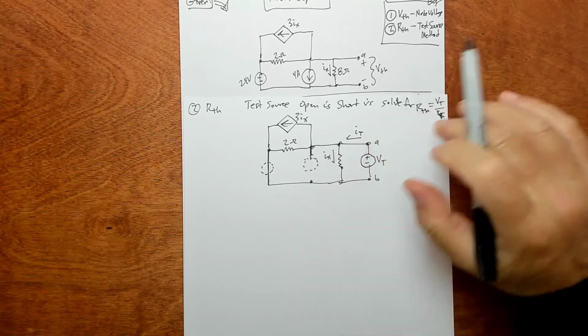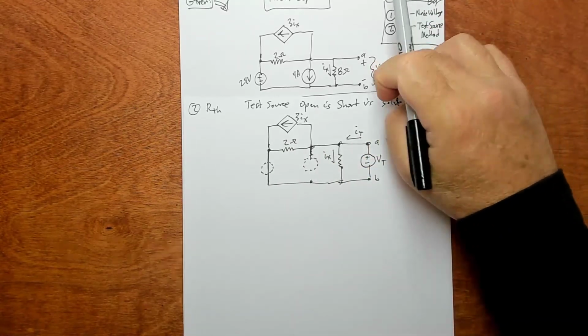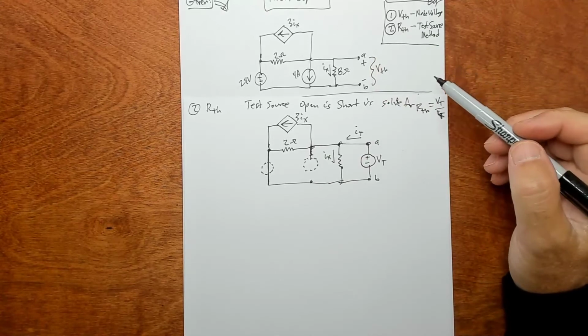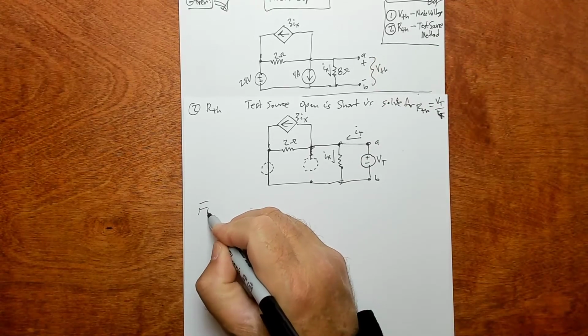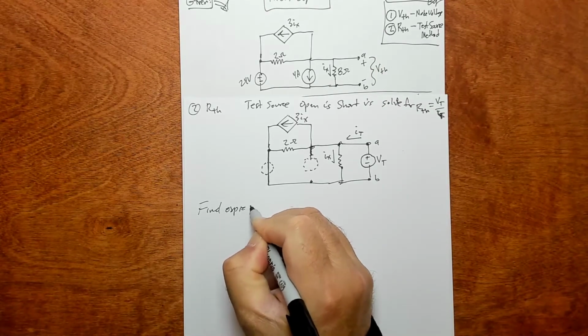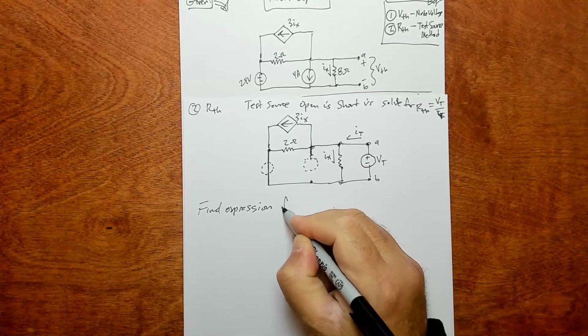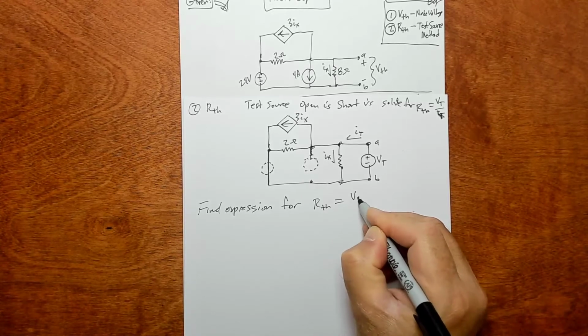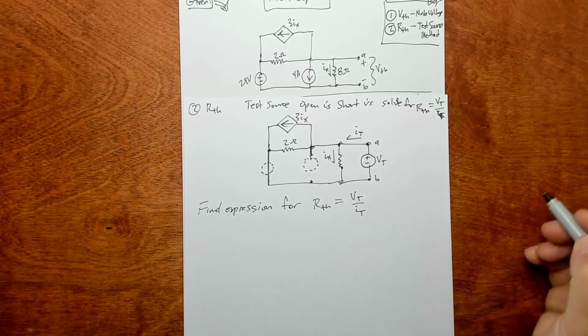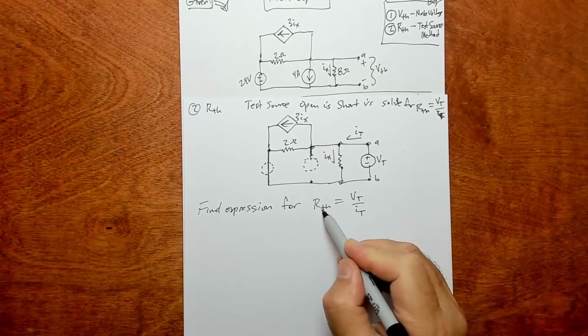So it's a whole kind of separate problem. You start back with the original circuit. All right? Then what we need to do is find an expression for Vt over It, because that will give us R sub Thevenin.